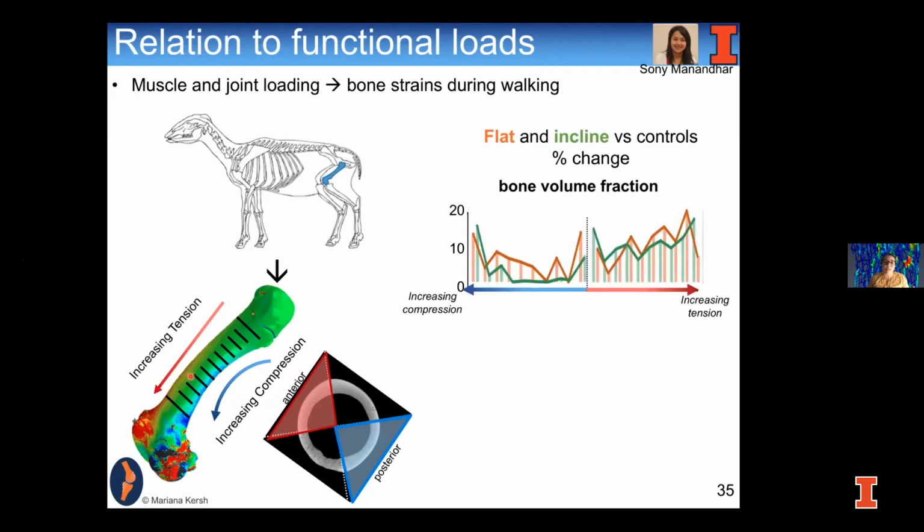And what we can see is that the largest response in terms of bone volume fraction actually happened in the bone subjected to tensile loads compared to the compressive loads. And this was a little surprising because bone is known to be stronger in compression versus tension, but perhaps this change in loading state might actually be inducing more of a response than we had originally anticipated.